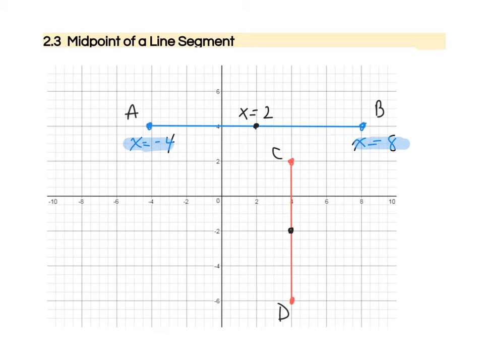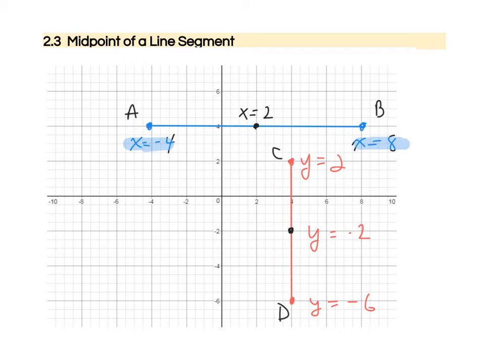And then we probably did something very similar, except in the vertical direction, by looking at CD beginning at y equals 2, and y equals -6, and seeing that y equals -2 falls exactly in the middle there. And that's if we want to be specific, right?